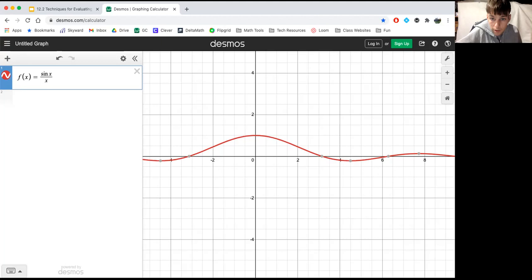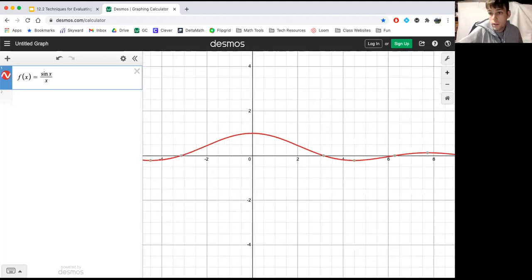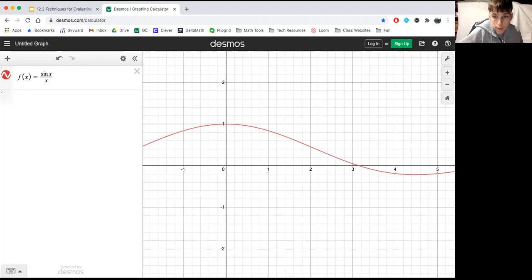But as we follow it, it's approaching whatever this number is on both sides, and that looks like 1. If we zoom in a little more, okay, it's definitely 1, and the more we know about sine, as we get really close on both sides, we are getting really, really close to 1.